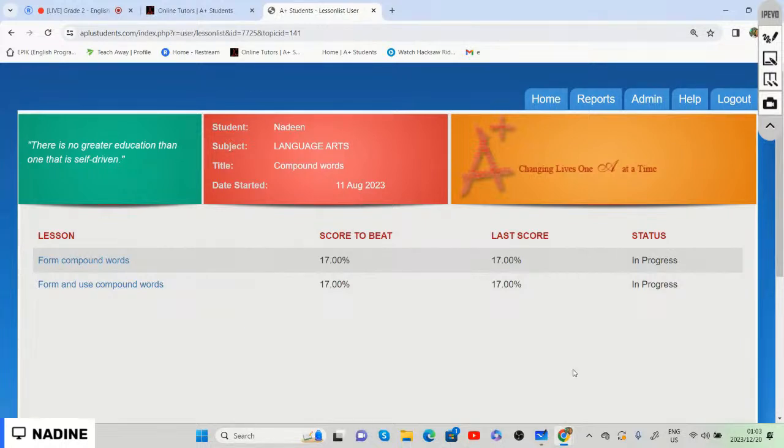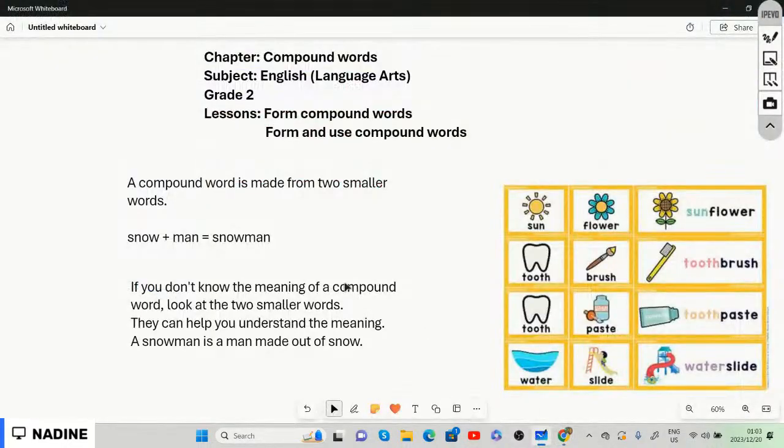So we're going to find out what compound words are. Our chapter is compound words. Our subject is English language arts, grade 2.